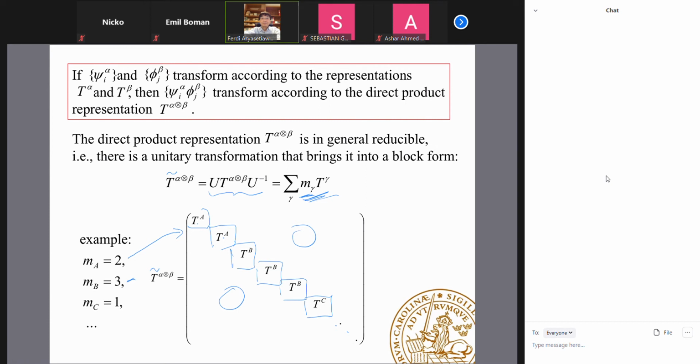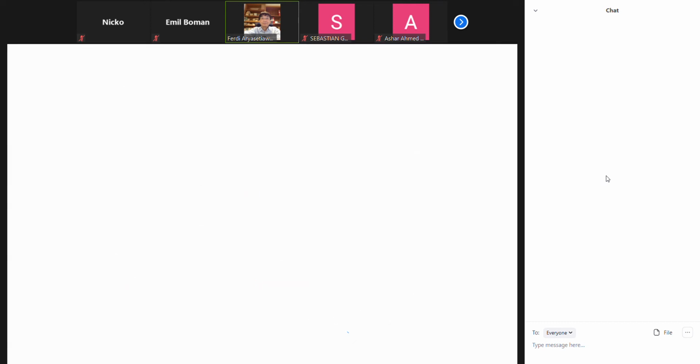So to calculate these coefficients, it's quite straightforward, because all we have to do is compute the character. We know that the character of the alpha cross beta here is given by chi alpha times chi beta, like that.